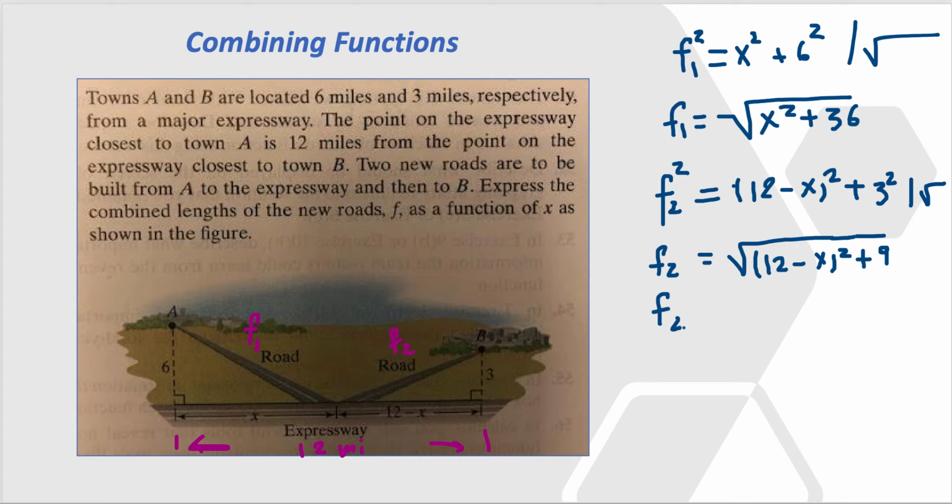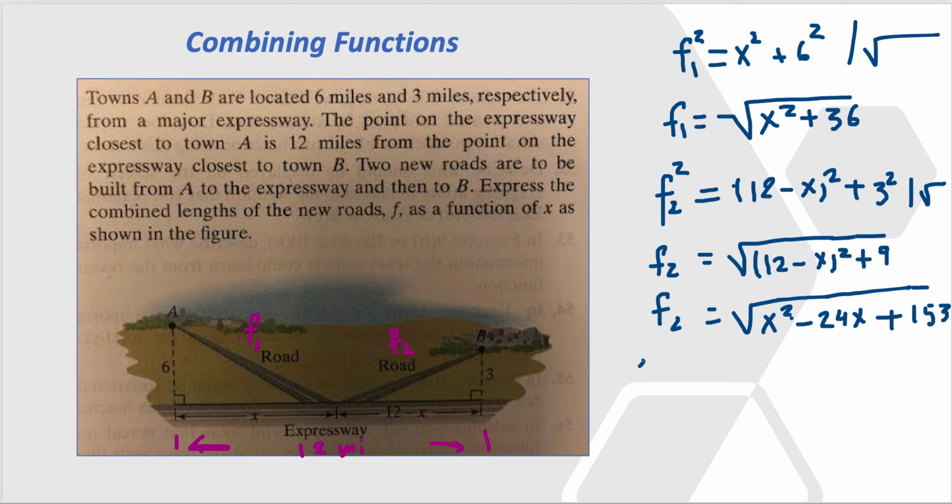Let me try to simplify everything inside the parentheses: 12 minus x squared is going to be equal to x squared minus 24x, and the last one is 12 squared, which is 144, plus 9, which is plus 153. And now we have a combining function here.